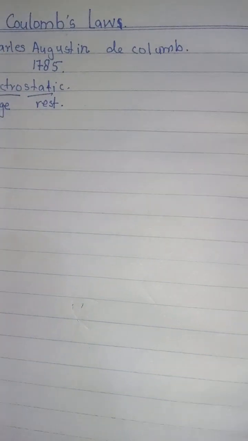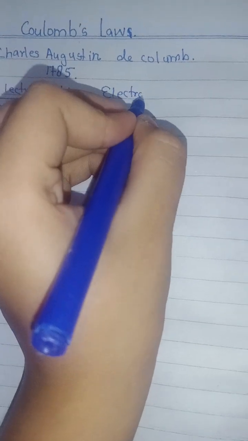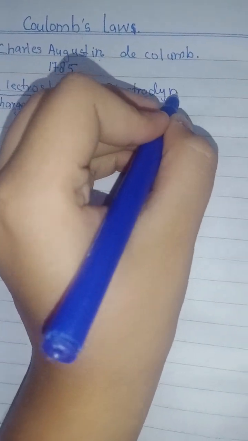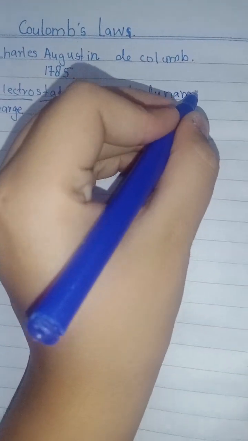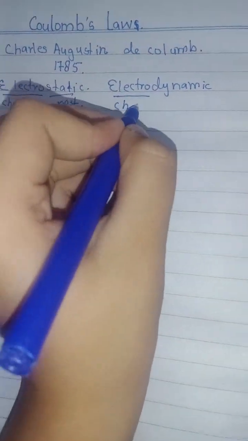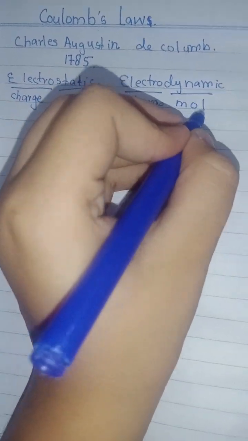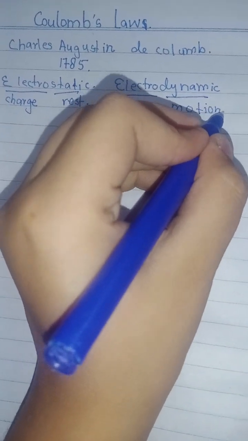Now, talking about electrodynamics: electro means charge, while dynamic means motion, the charge in motion.